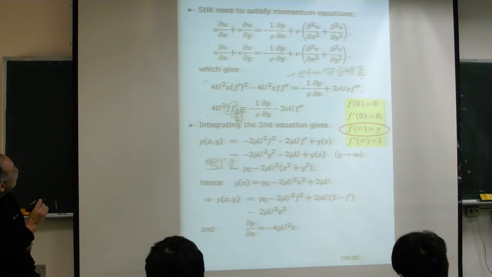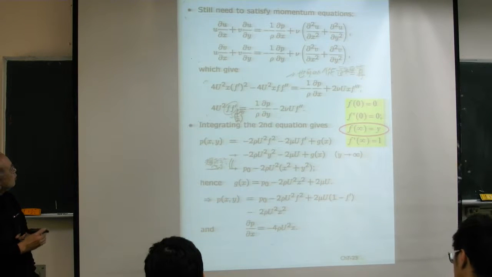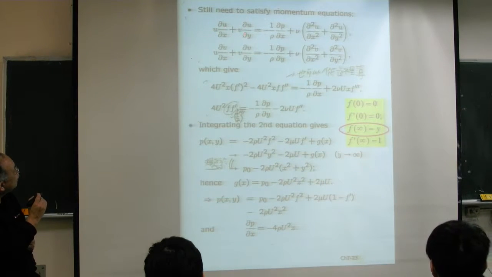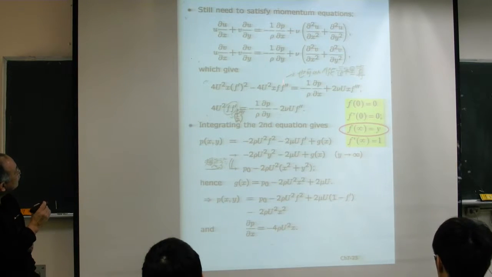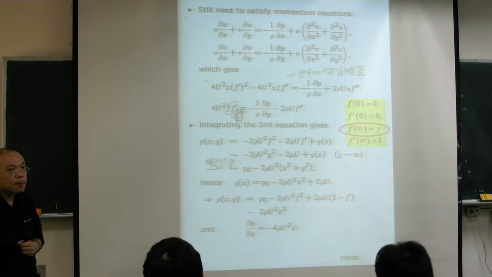That should be cancelled. And then the y second derivative becomes a triple derivative, right? Triple prime. Okay, here. So as you can see here, we plug each term in, it becomes like this. This is f triple prime here. I just mentioned this term should be dropped. And this is a pressure term here. And this term, v times partial u, partial y gives you this term. And this is u times partial u, partial x gives you this term.